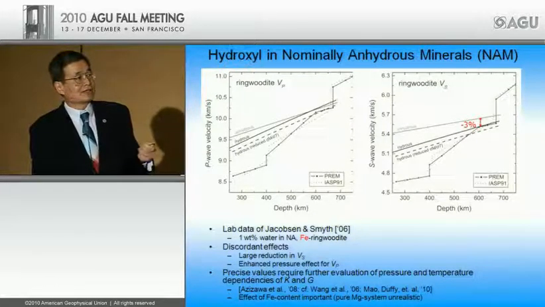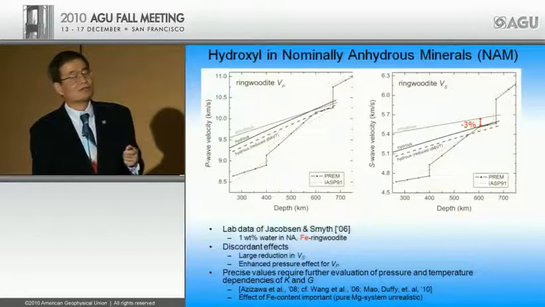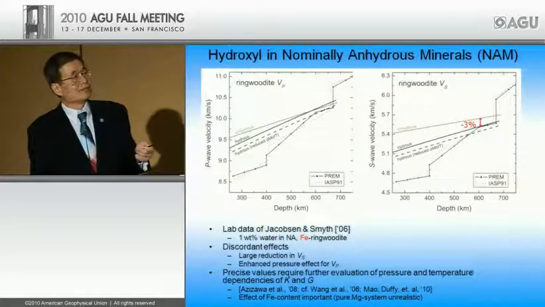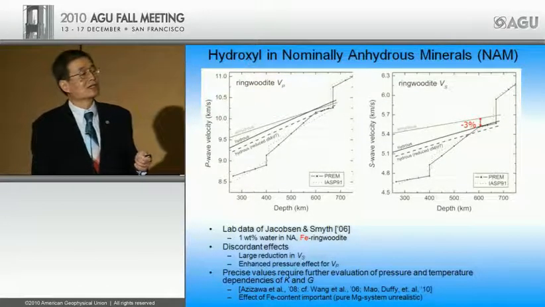This is very nice data, first published by Steve Jacobson and Joe Smith. Basically, they did an experiment of iron-bearing ringwoodite with 1 weight % of water. So they show the result for P and for S. Look at the S-wave situation. 1% of water will decrease the VS by about 3%, and this effect is expected throughout the depths between, say, 250 and 750 kilometers or so.